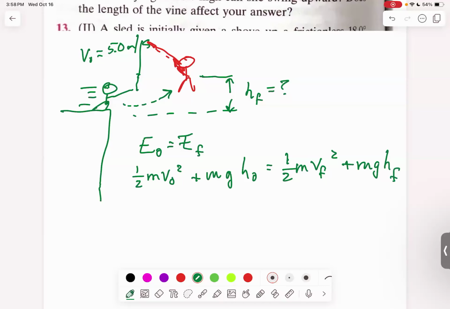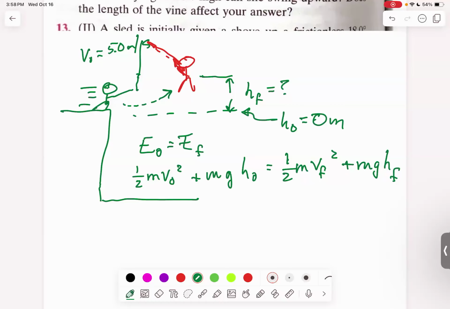And so what we can always do is affix a certain spot to be equal to 0. Now you might think that setting the ground at 0 would be the ideal spot, but in this case we're probably going to want to set H naught here equal to 0, or 0 meters.